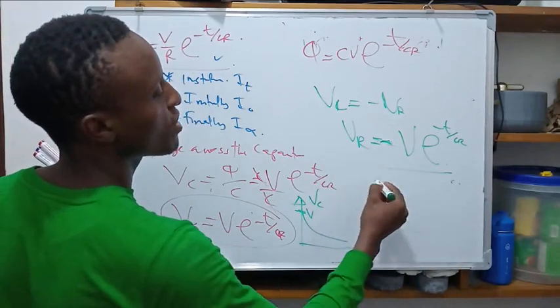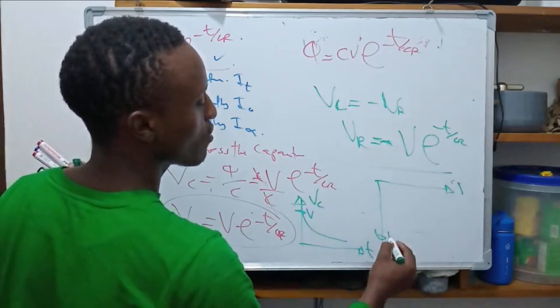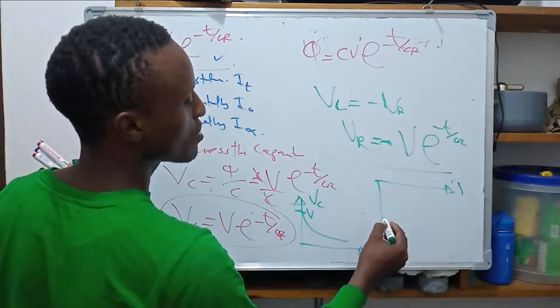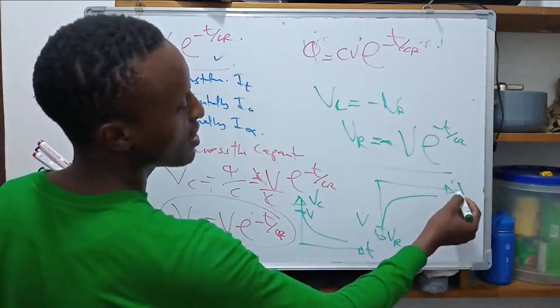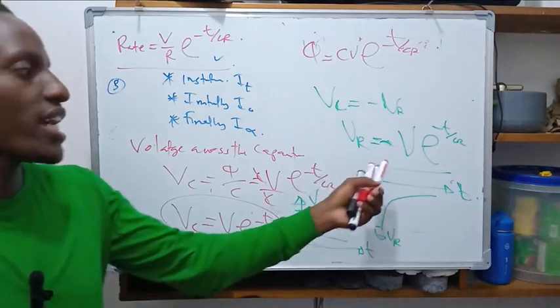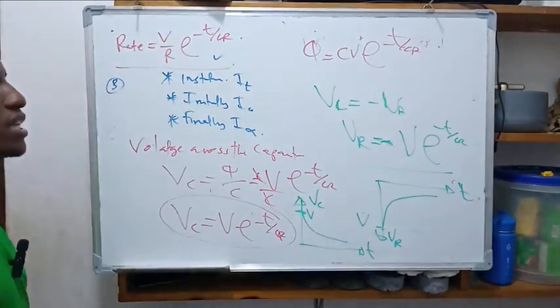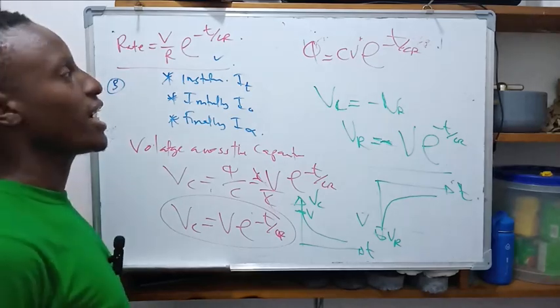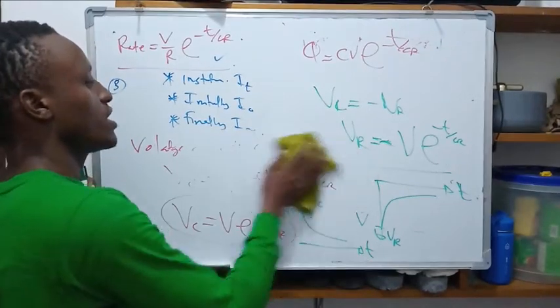The graph will look like this, reversed because of the negative of the exponential. That's why we speak about the charging and discharging of the capacitor.